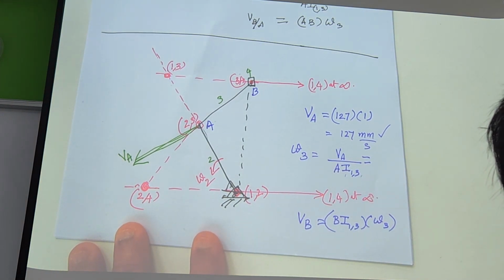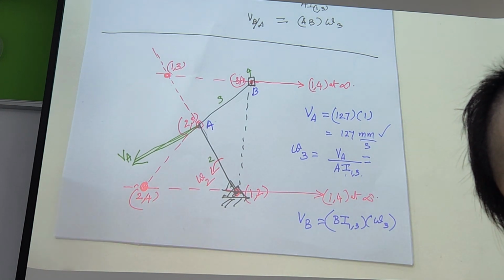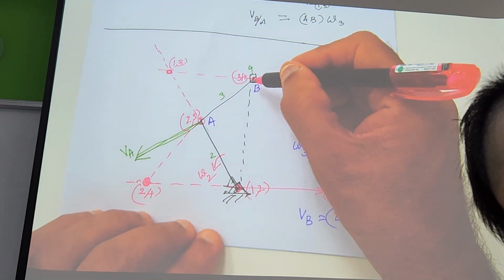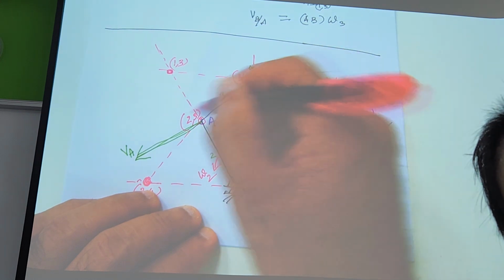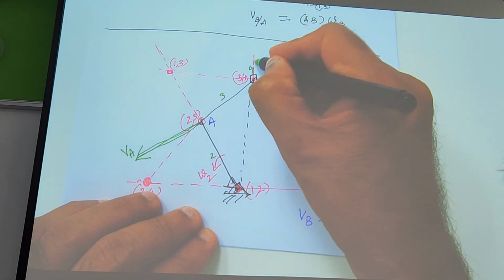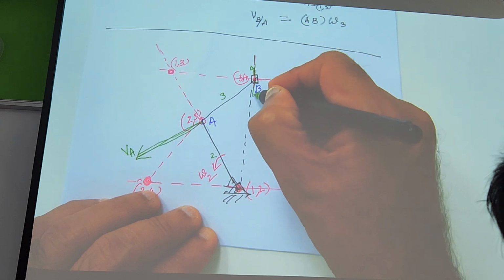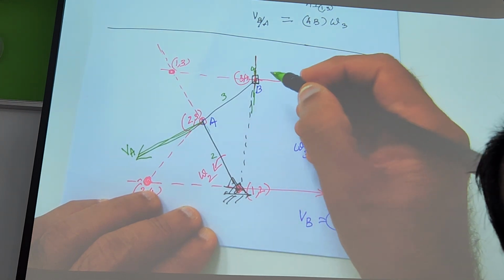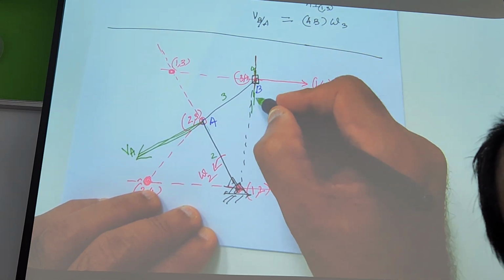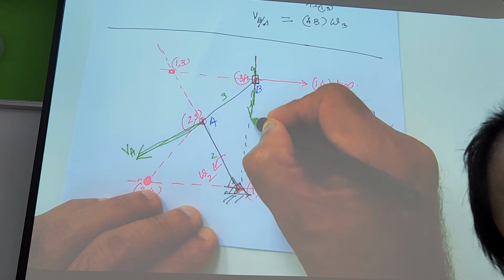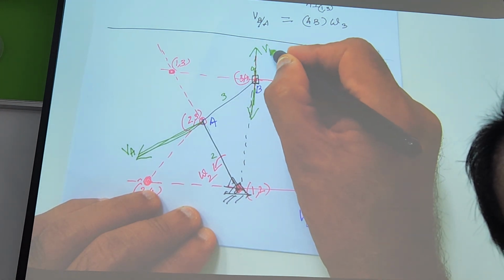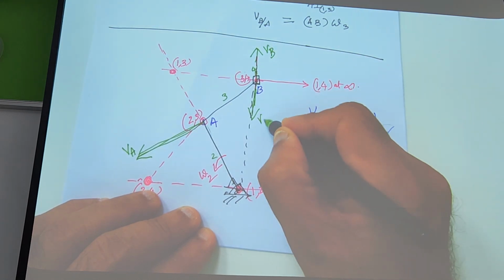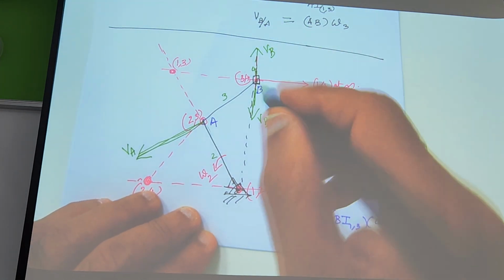Then velocity B to A. So velocity B to A will be like this. Okay, this is velocity B. The slider can go up or go down.